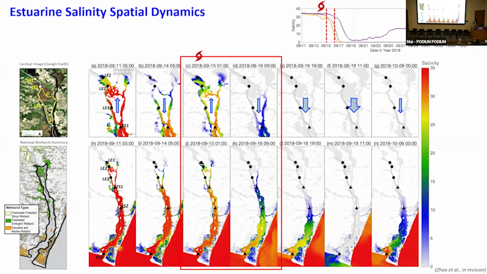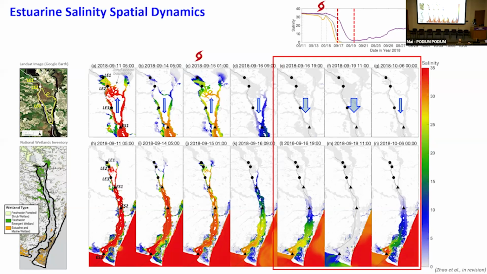But overall, we see the salinity decreased compared to before the hurricane made landfall. That is because the hurricane induced discharge flow into the estuary and started to decrease the salinity overall. And after that, as the discharge continued to increase, we see the freshwater start to dominate salinity in the estuary head and continue until the entire estuary.